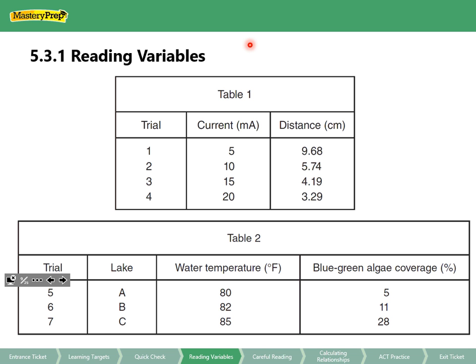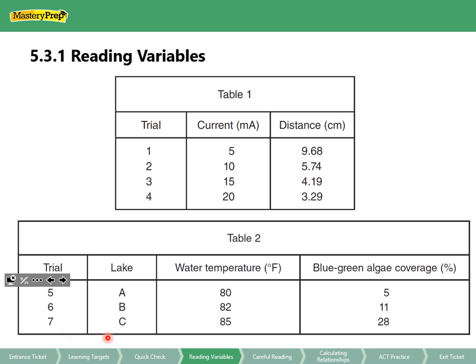Do we really know what we're talking about with current and distance? Does it really matter what we're talking about? No. But as the amperage increased from 5 to 10 to 15, the overall distance went down. So that's what we can see from here in the table. As this increased, this one decreased.